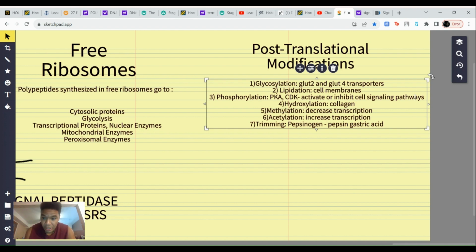Methylation. This decreases transcription because if you remember my earlier videos, I mentioned that there's methylation and there's acetylation. And we know that DNA is negative because it has a phosphate backbone. And phosphate we know is PO4, 3 minus.